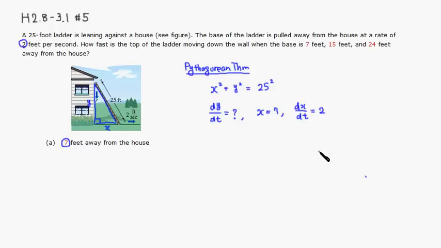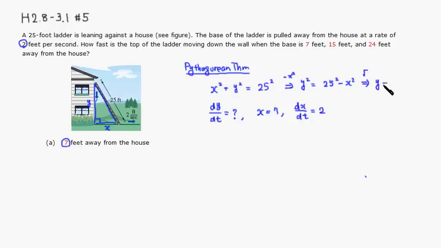Then we should be able to find y by using this Pythagorean theorem. So I'm going to solve for y. Y squared is equal to, by subtracting x squared from both sides, 25 squared minus x squared. Since y is a distance, it's never negative, so I'm going to take the square root of both sides.